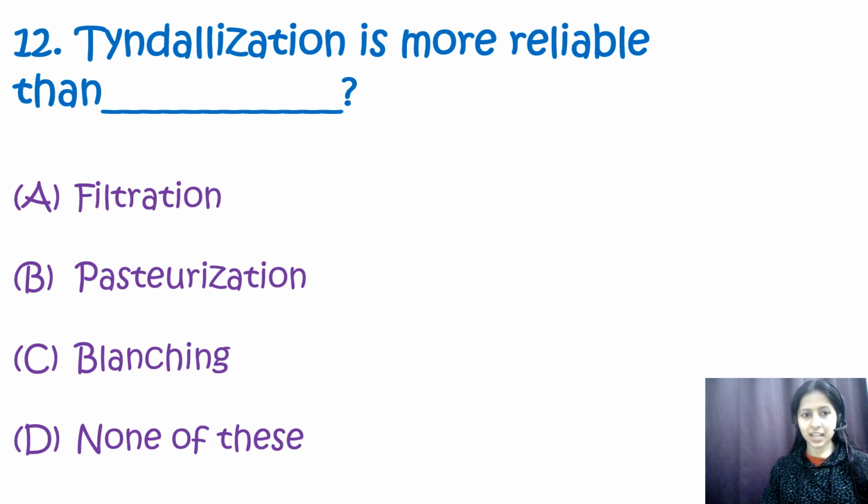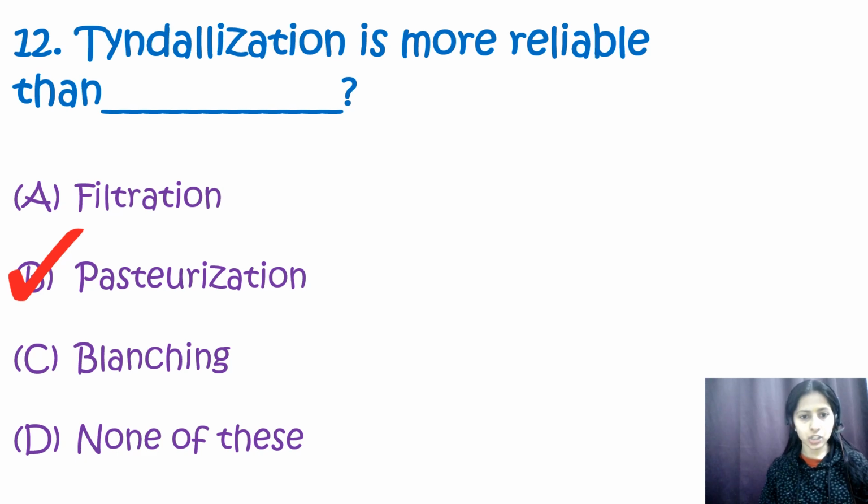Number 12. Sterilization is more reliable than option A filtration, option B pasteurization, option C blanching, and option D none of these. So the correct answer is option B, that is pasteurization. Sterilization is more reliable than pasteurization. In the sterilization process, all forms of microbial life, including spores, are killed or eliminated, whereas in pasteurization the spores are not eliminated.